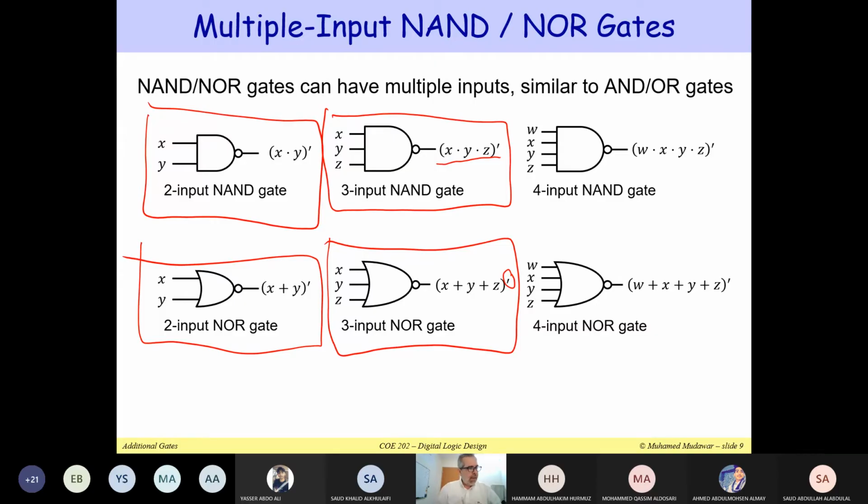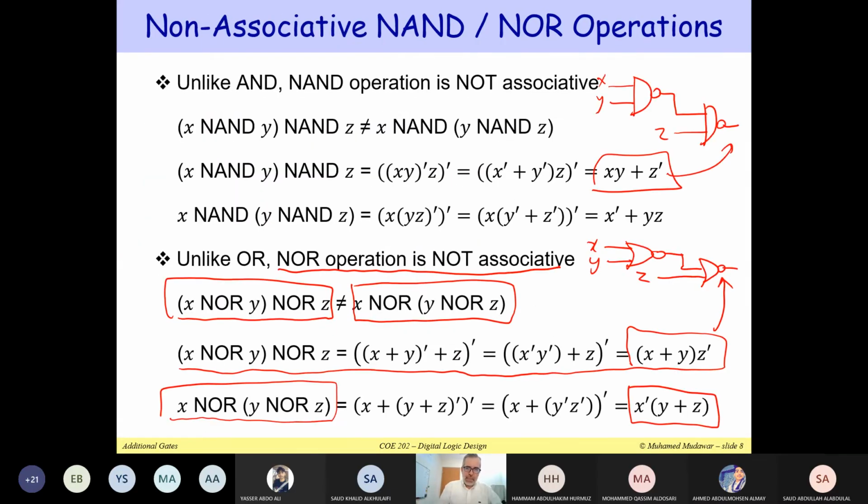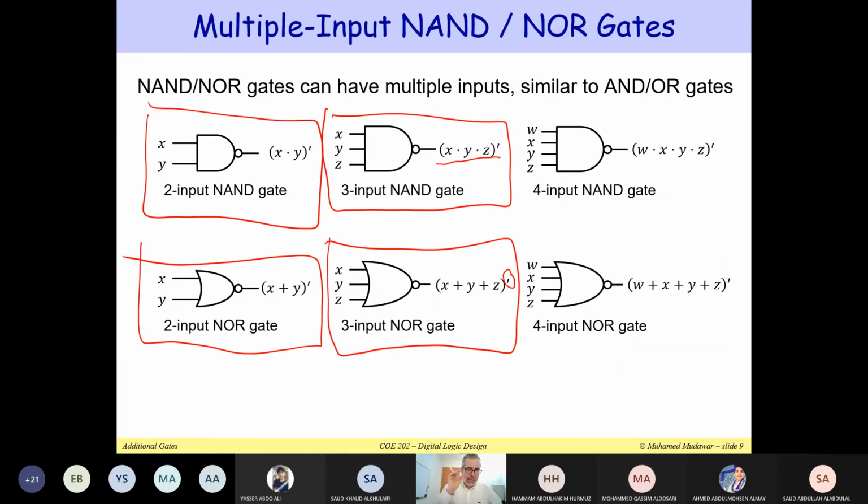So remember that this 3-input NAND gate is one gate. It's not two gates. Whereas here, we are using a sequence of two NAND gates, and this is why we got a different output. The same thing can be said for the 3-input NOR gate. It is just one gate, not a sequence of two NOR gates.